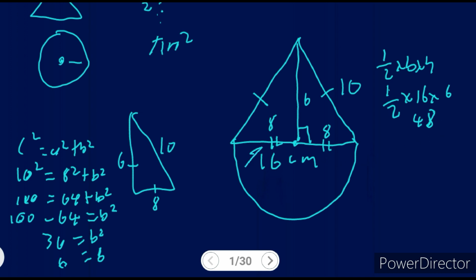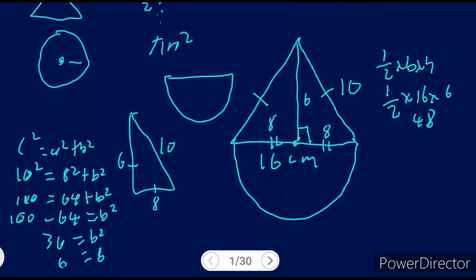And now we have to find the area of this semicircle. We already know that this is a diameter, because in this particular portion, you are given this length, which is the diameter. From circumference to circumference is a diameter when it passes through the center. So you are given this as 16.